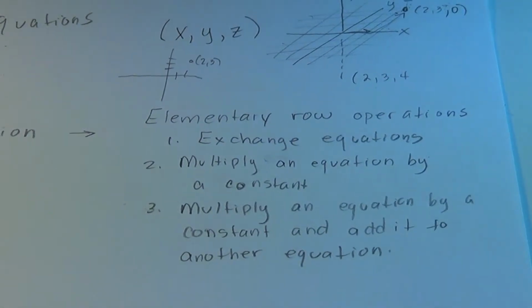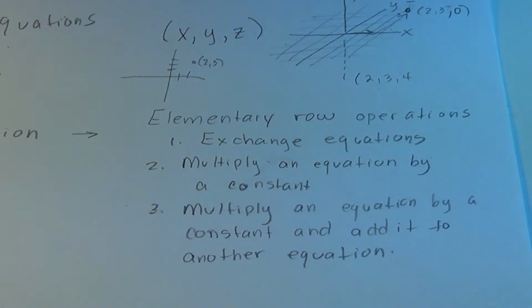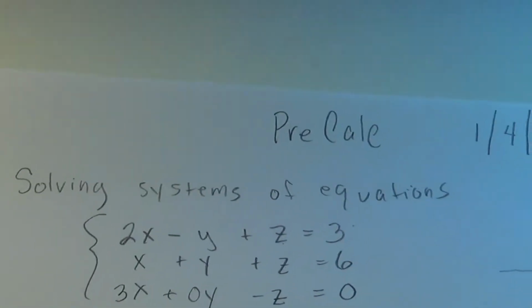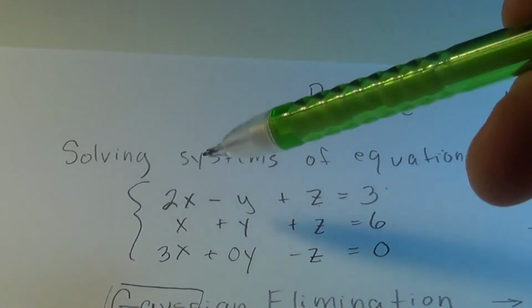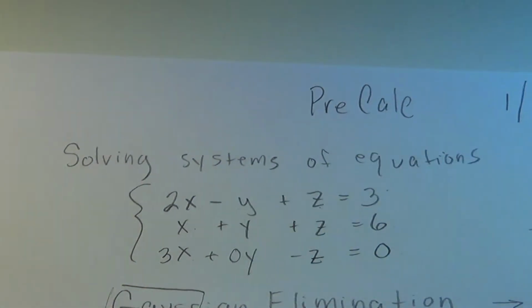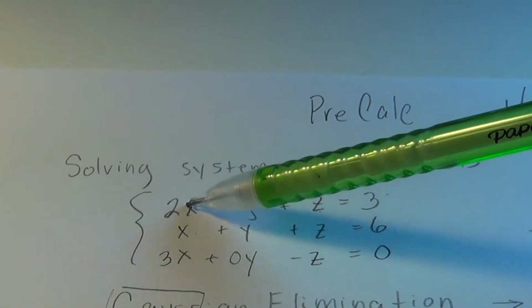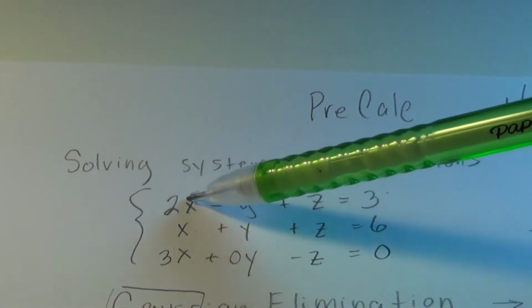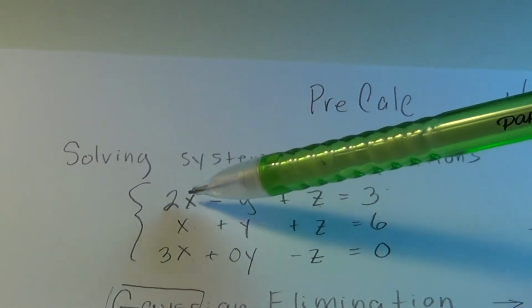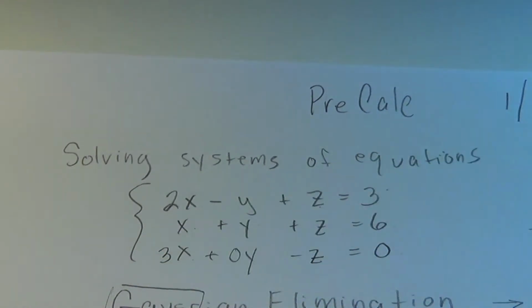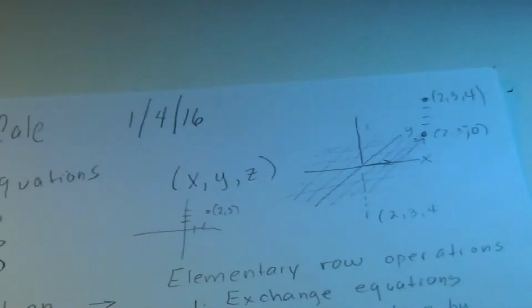You can take any two equations in our list and exchange their places. So if we call this equation 1, equation 2, equation 3, we can exchange equation 1 with equation 2, or 1 and 3, or 2 and 3. So that's one thing that we're allowed to do.